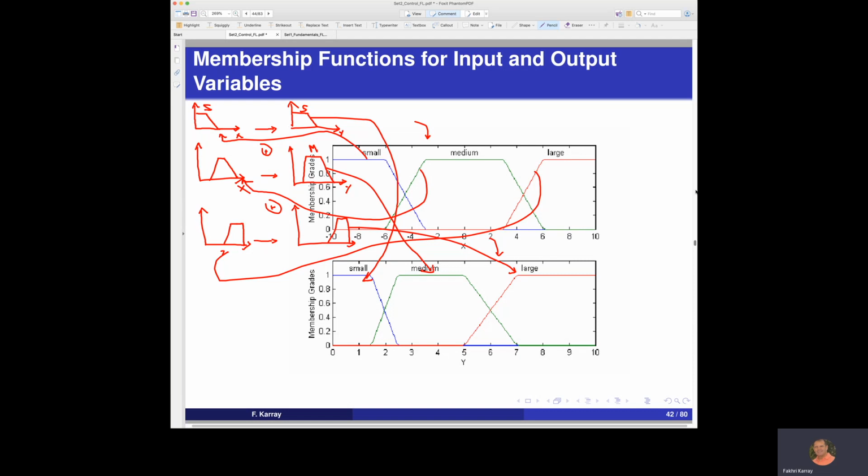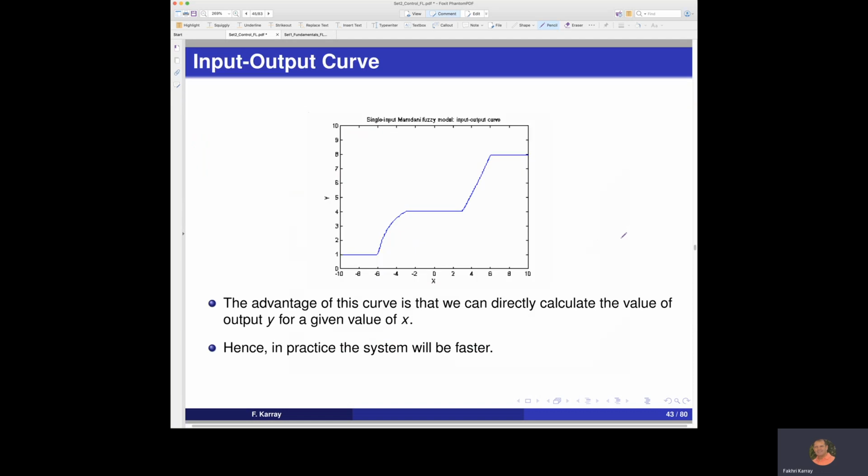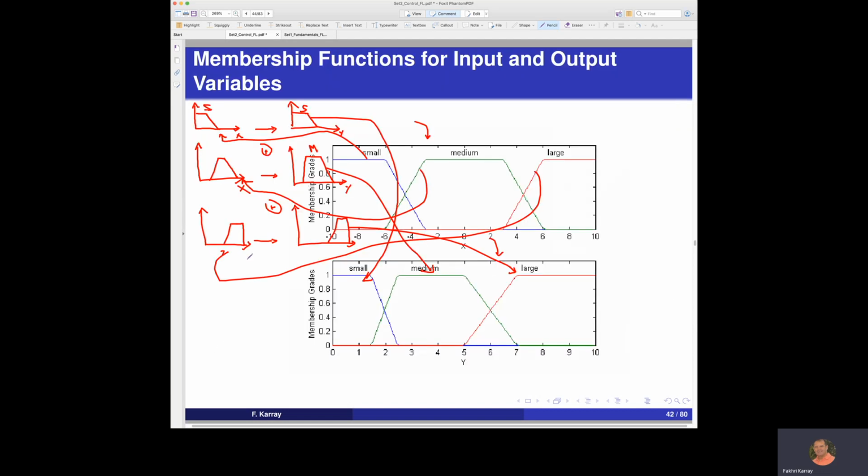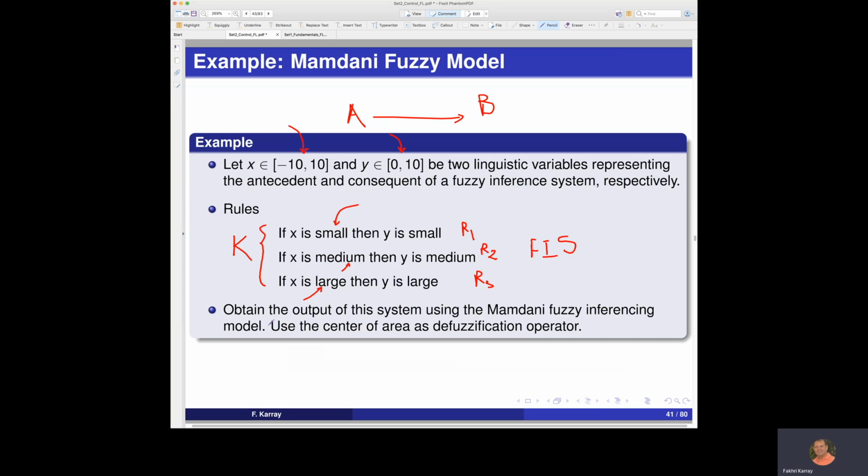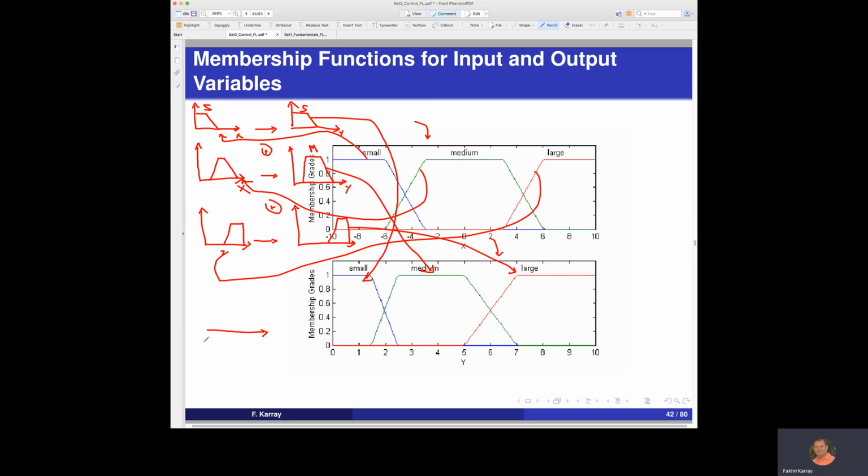Okay, so we would like to extract some information here out of this particular system. So what we do in the general case, because here the system doesn't tell us the value of the input, is apply it for the whole input range of x, which is from -10 to 10.